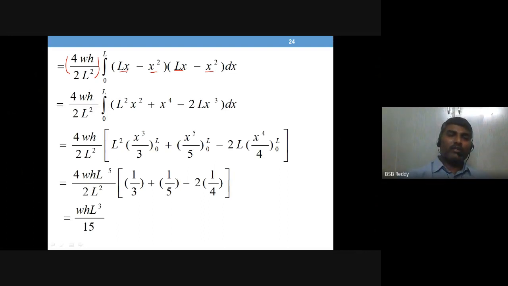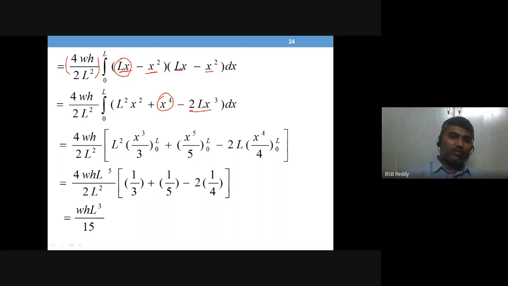So L square x square, first term a square, plus b square, so x square whole square. Okay. So a square plus b square minus 2ab. 2 times L minus x into x square. So 2 times L into x square, so Lx cube dx.